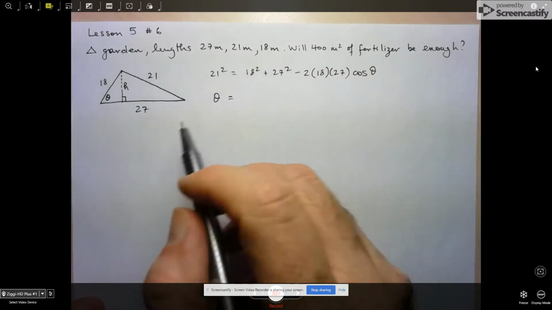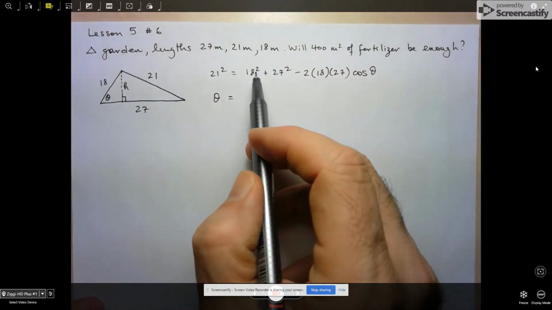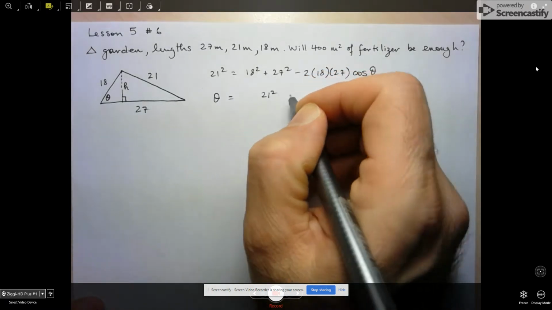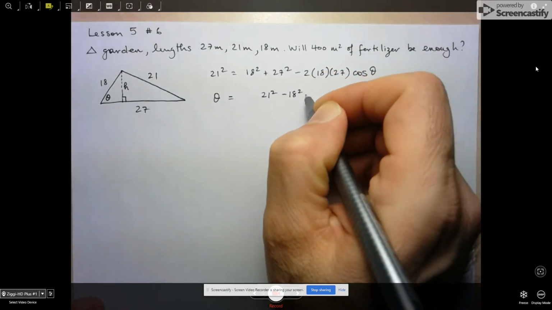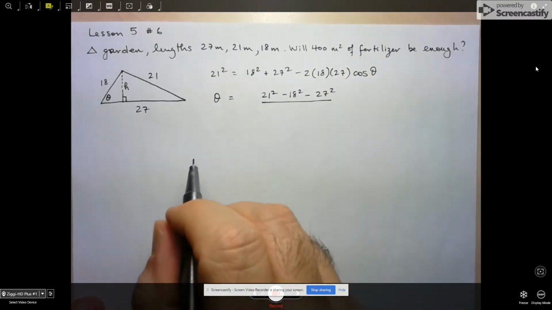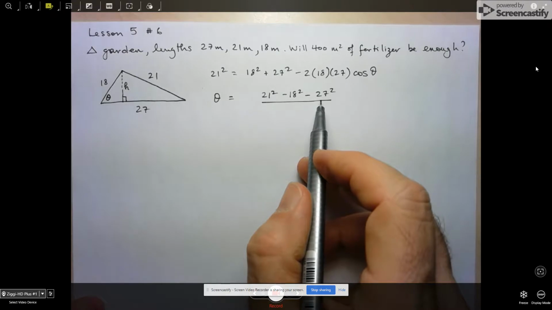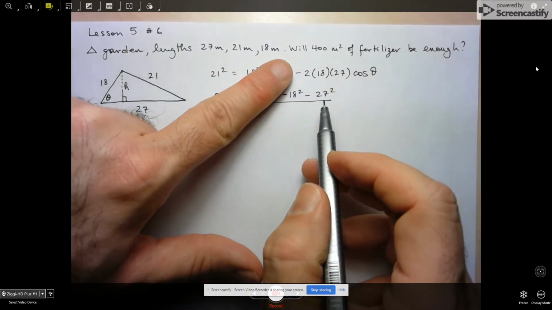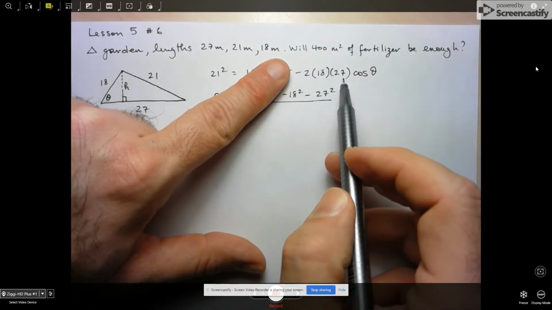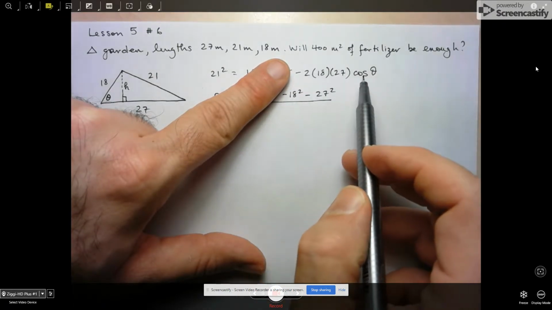Okay, so the first thing I need to do is take these two numbers and bring them to the other side. So I'm going to have a 21 squared, and I'm going to be subtracting 18 squared, subtracting 27 squared. Okay, now I'm doing this division sign because once I've gotten rid of these two things, the next thing I have to do is divide out the coefficient to the cos theta.